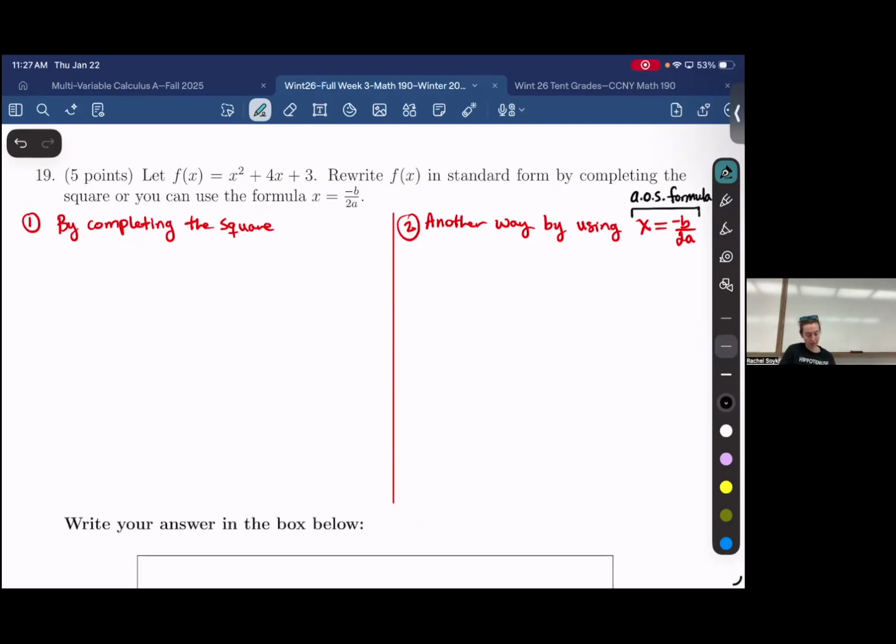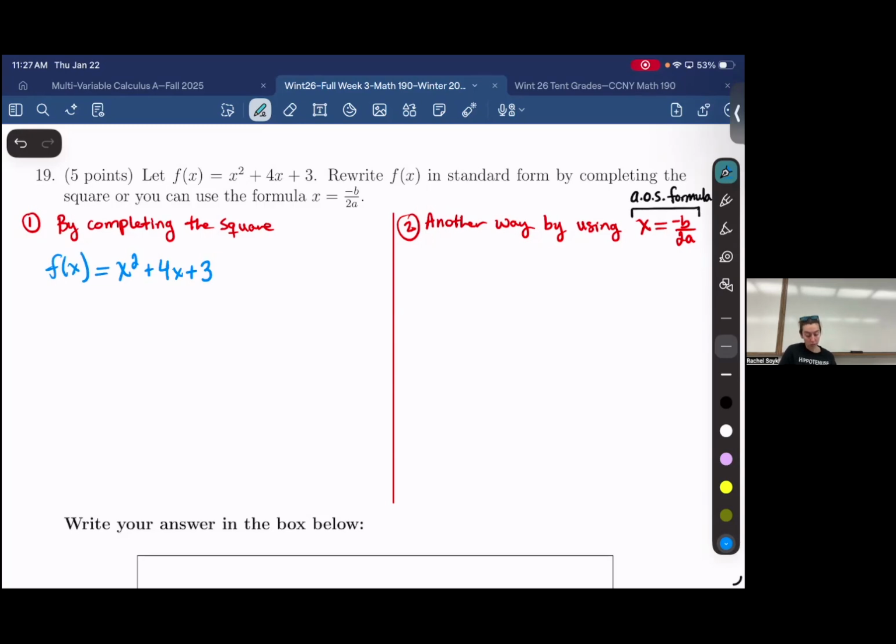So let's do completing the square first. We have our x squared plus 4x plus 3, and this is equal to our f of x.